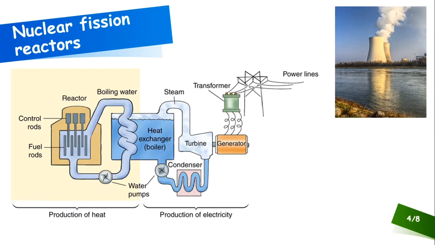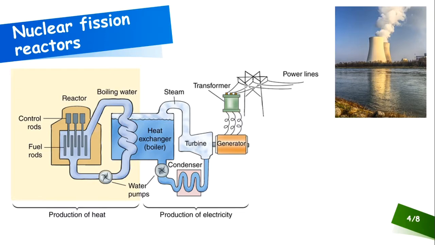Of course, in this reaction energy is being produced, and most of that energy is in the form of heat. That heat warms the water that's around the fuel rods, and pumps pump that water out, and we use it to heat water that's in the heat exchanger.